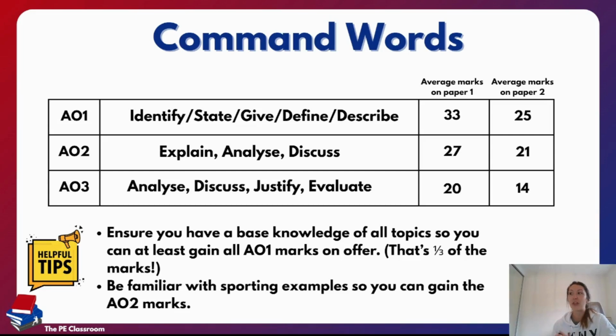That's a third of your marks of the whole paper, just from really easy kind of recalling facts and knowledge. So if you have a really good broad range of different topics and you understand all of the topics on the exam, the chances are that you're going to score pretty well and get a decent amount of marks basically just from the AO1 questions.